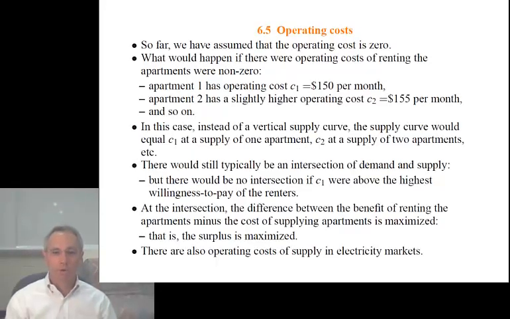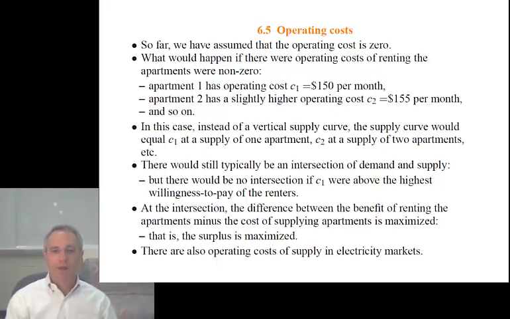So far we've ignored operating costs. But let's think about what would happen if there were operating costs of renting the apartments. So let's say, for the sake of argument, that apartment 1 has operating costs C1 of $150 a month. Apartment 2 has a higher operating cost, $155 per month, and so on.